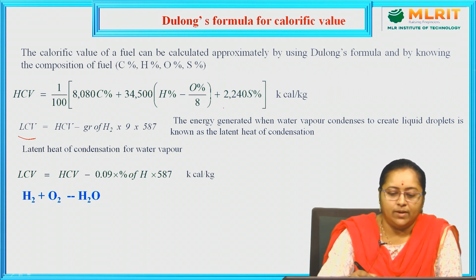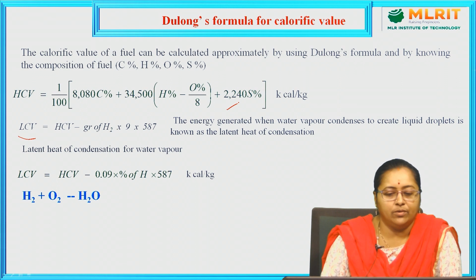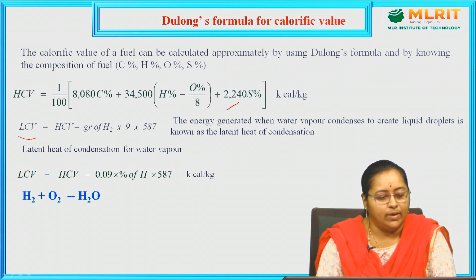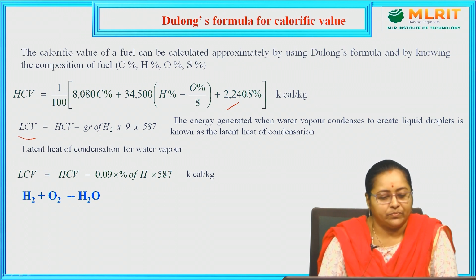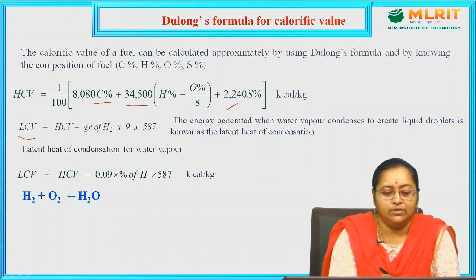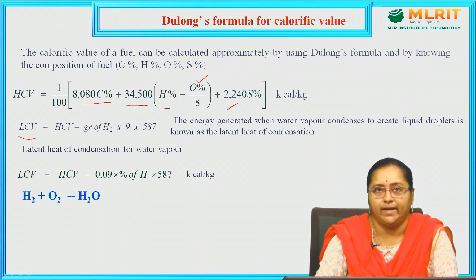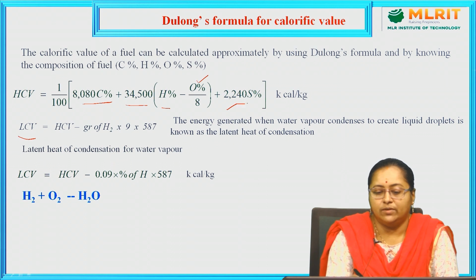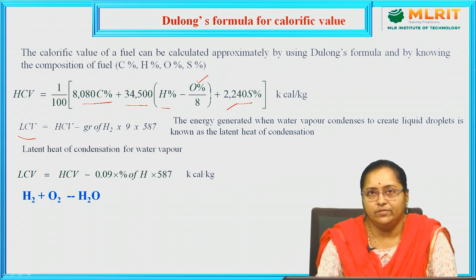One formula is given. How are we going to find the calorific value, that is HCV, of a fuel sample? HCV is equal to 1 by 100 into [8080 into percentage of carbon plus 34,500 multiplied by (percentage of hydrogen minus percentage of oxygen divided by 8) plus 2240 into percentage of sulfur].